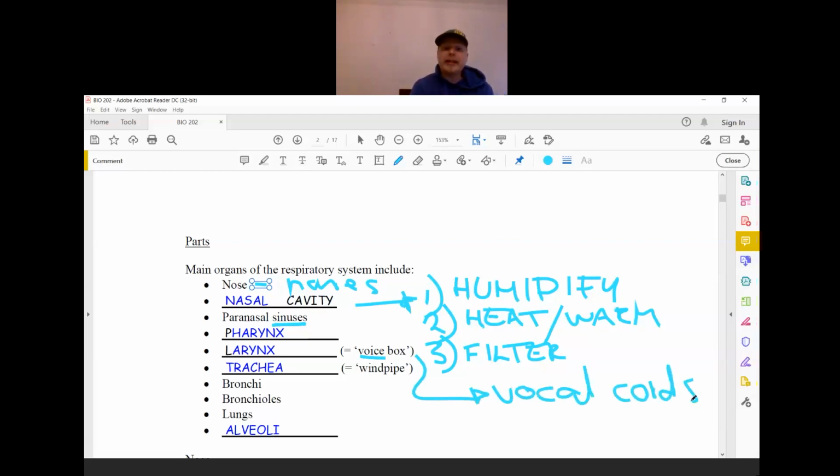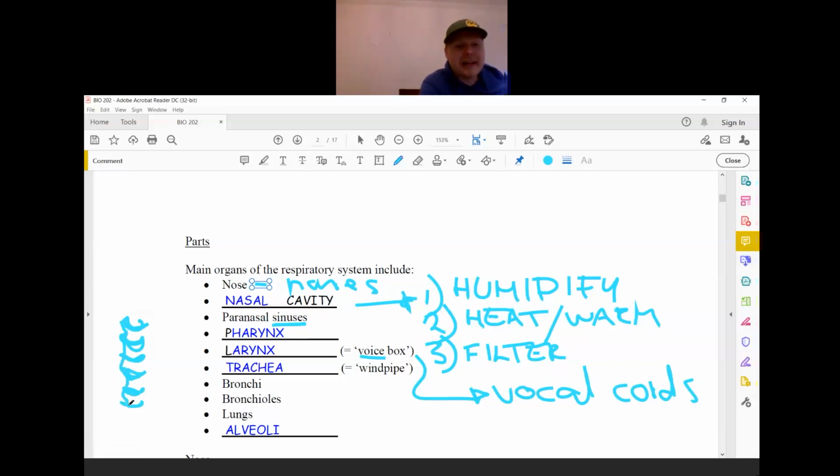Then we'll have a look at the trachea, which is sometimes known as the windpipe. We'll notice the trachea has this cartilage ring structure, and we'll discuss the shape of those rings and why this structure is important.